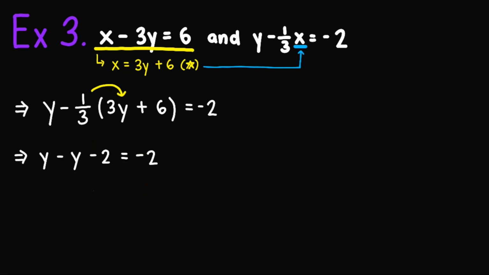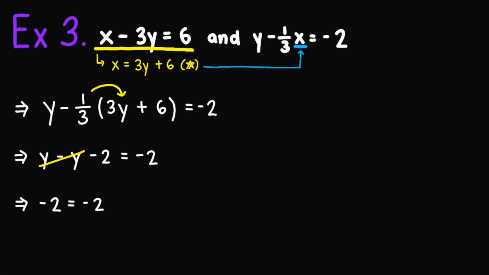So we'll have y minus y minus 2 equals negative 2. Since we have y minus y, we can subtract that to obtain negative 2 equals negative 2. As you can see, the y variable was also eliminated, or is also gone now. So what does this mean?